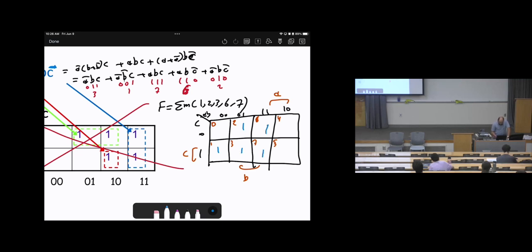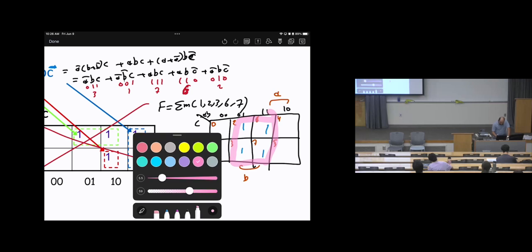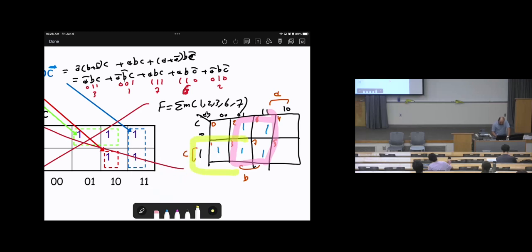So how to do the groups? These 4 can be grouped, and we need to group this one, so we can group it using this. Okay? Then using this group, it should include one variable, which is the variable b.